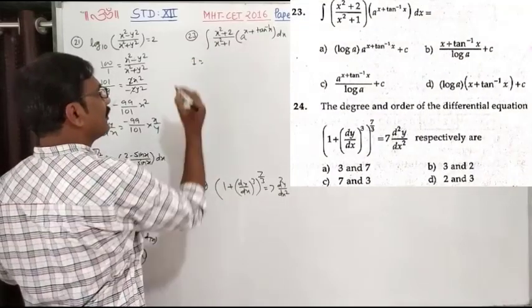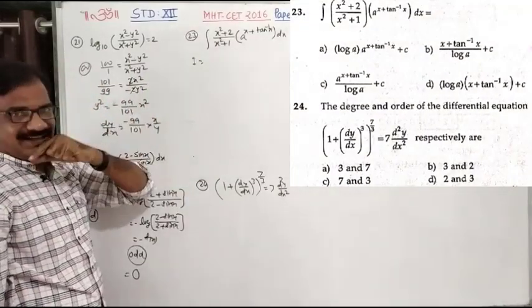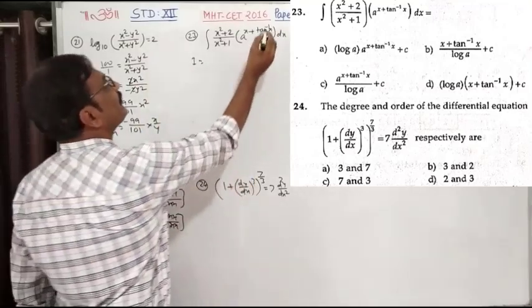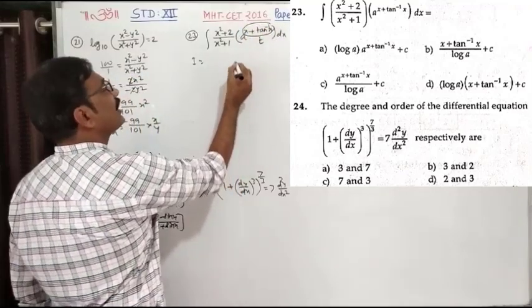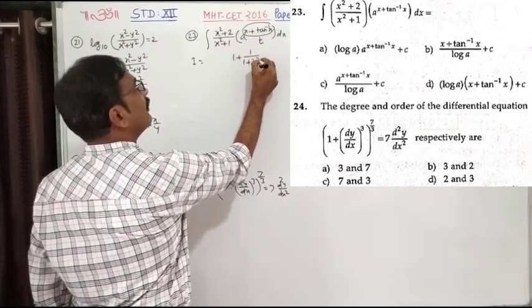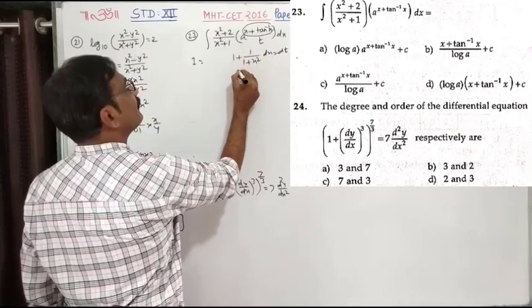Look at this, it is from integration. A raised to, this one is messy. So just take the substitution. This one as t, its derivative 1 plus 1 upon 1 plus x square dx is dt.